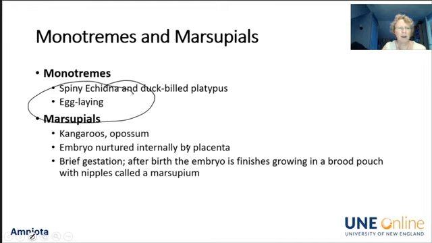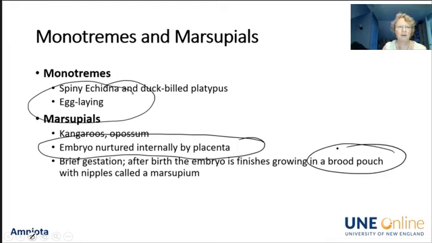Marsupials, though, do have the embryo that is nurtured for a brief period of time by a placenta. So a brief gestation, then the embryo finishes growing, and a brood pouch that's called a marsupium comes equipped with nipples so that the developing embryo can drink.